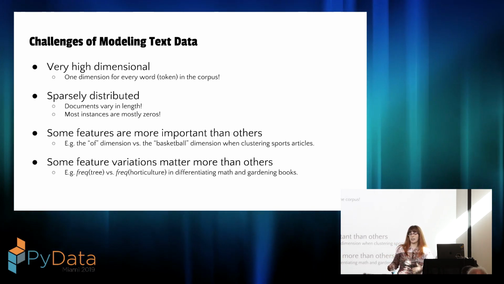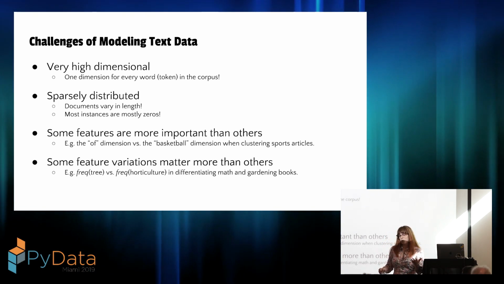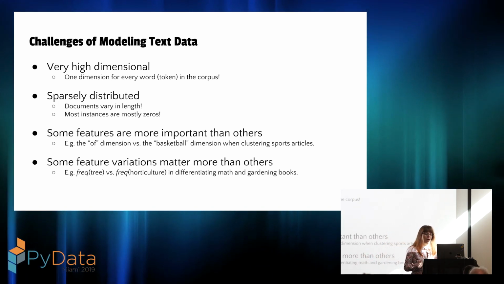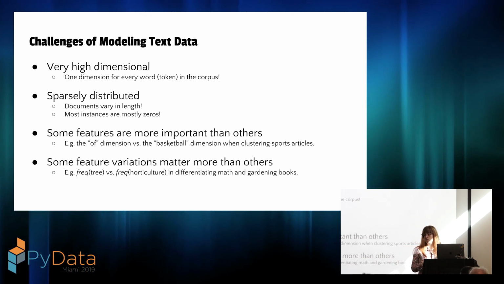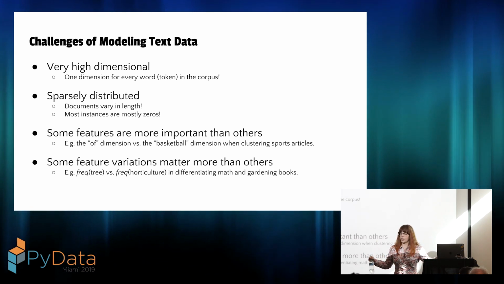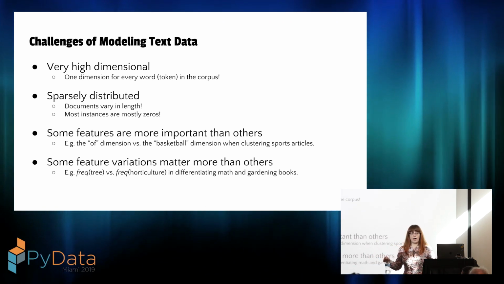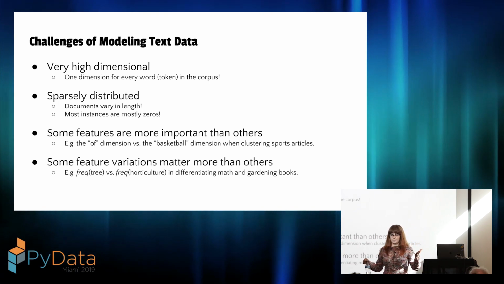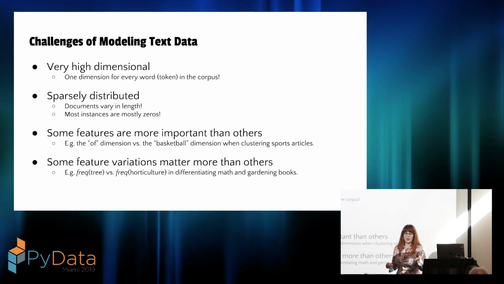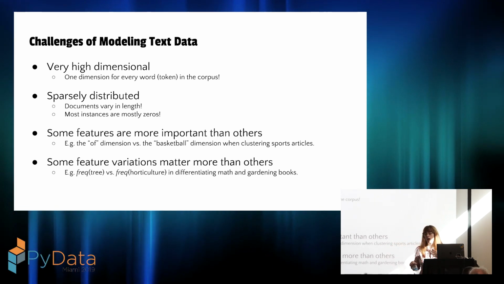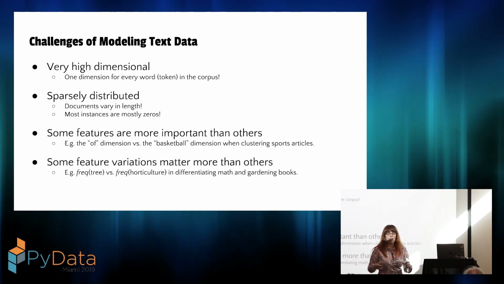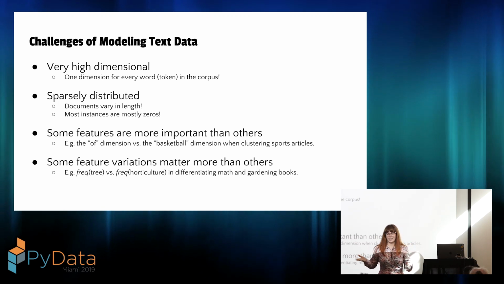And if you're doing feature engineering and doing things like bigrams and trigrams, those are more dimensions, right? So this is extremely high dimensional. And it's also going to be very sparsely distributed, right? For most of the documents in that corpus, once we've created document vectors, most of the values in those vectors are going to be 0, probably, because the same words are unlikely to occur in every document. And the words that do occur in every document are probably not very interesting or informative.